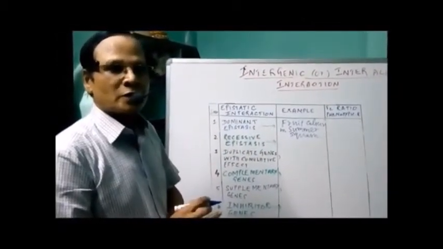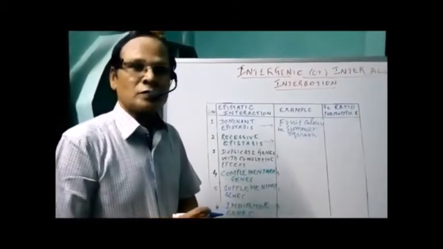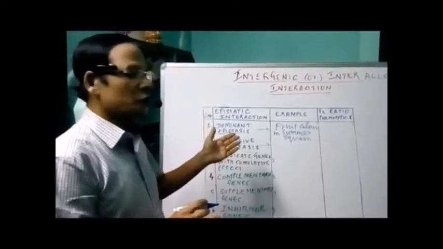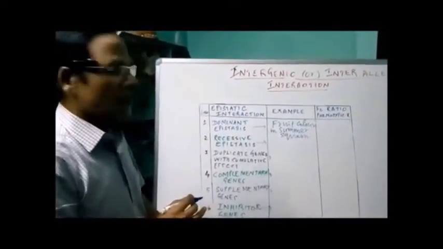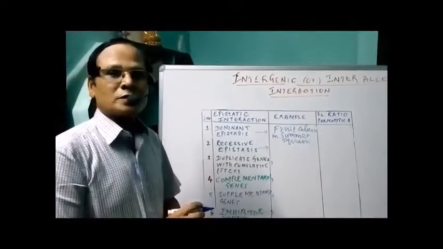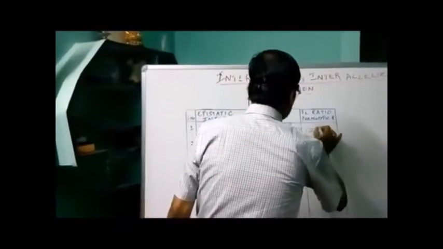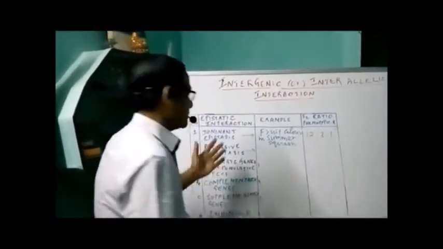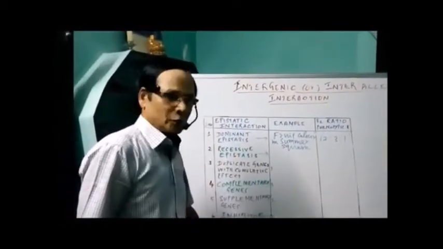Here the phenotypic ratio, according to the factor hypothesis, is modified from the Mendelian ratio of 9:3:3:1. So here we have 12:3:1. This is what is called dominant epistasis. We will study it in detail in the next episode.